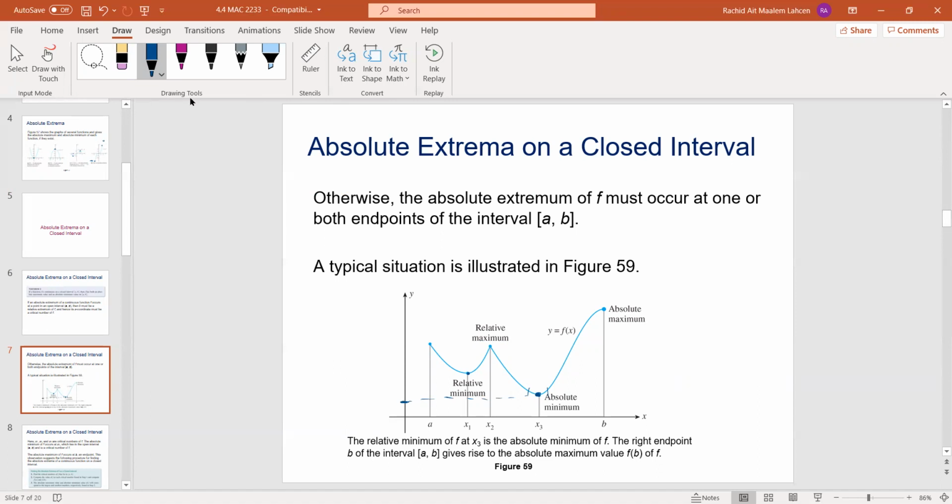And this one, when you look at the y value, that's the highest point. So the maximum and the minimum are the y values, but where they happen is the x values. So we will say we have an absolute maximum at b, which means at x equals b.